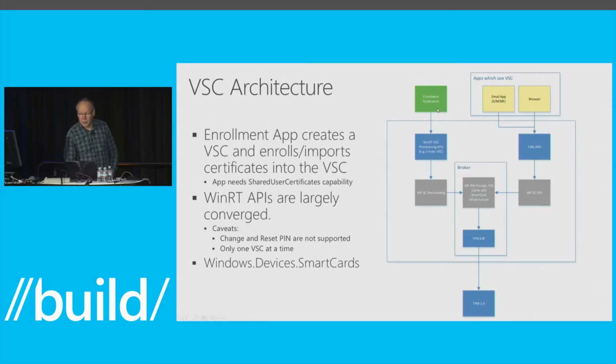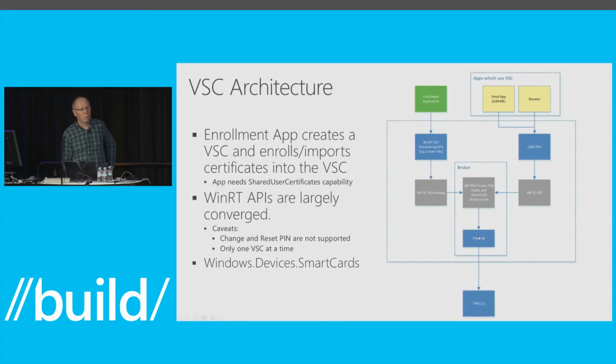the virtual smart cards are typically provisioned using an enrollment application. So your business could write an enrollment application that uses the WinRT virtual smart card provisioning APIs, which in turn is also implemented as a broker at some point so you can do the PIN prompting.